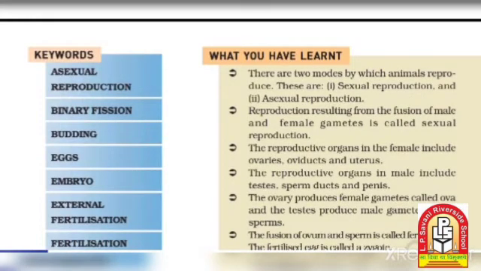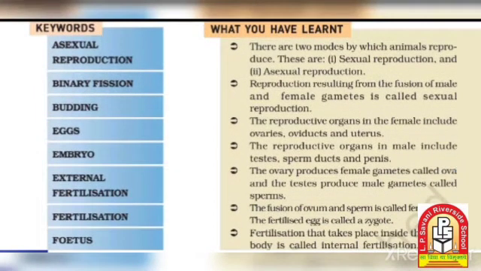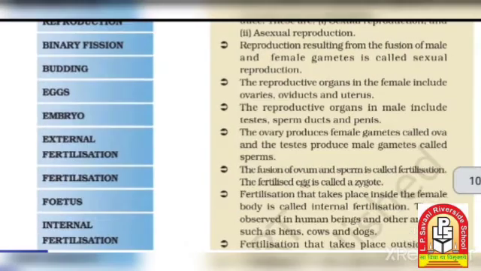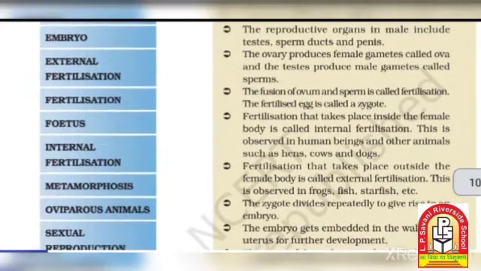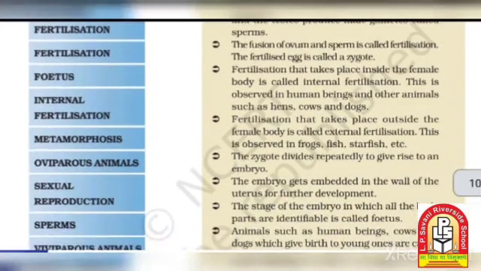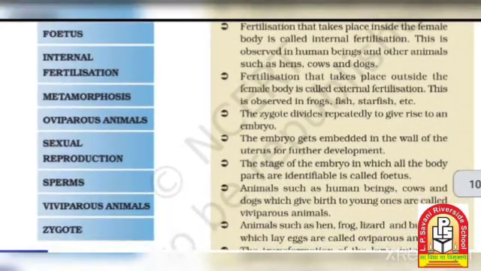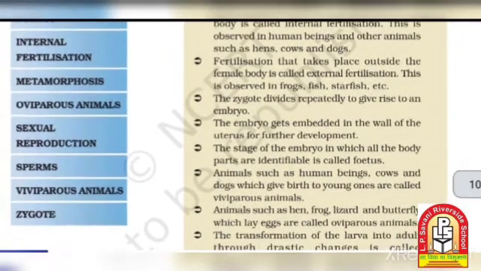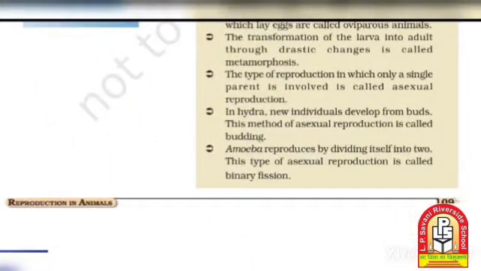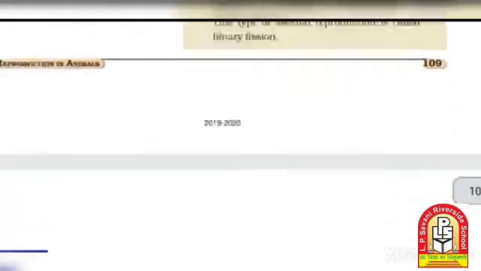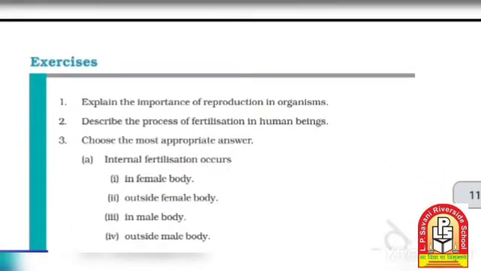Then binary fission, budding, eggs, embryos, external fertilization, fetus, internal fertilization, metamorphosis, oviparous animals, sexual reproduction, sperms, viviparous animals, and zygotes.